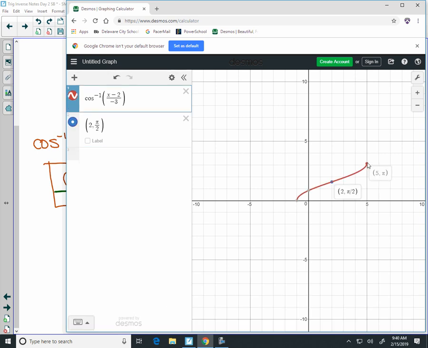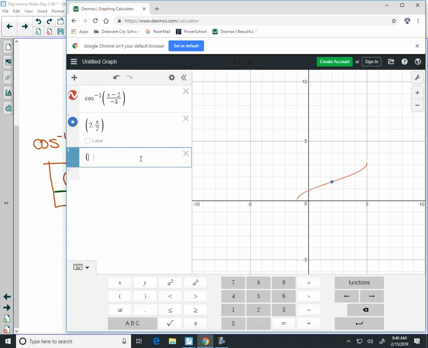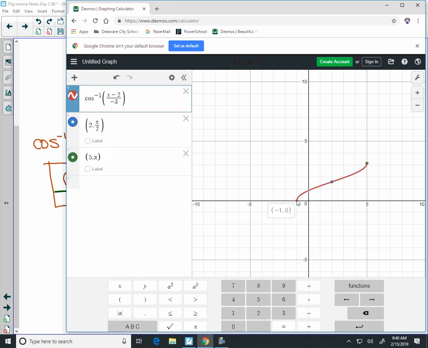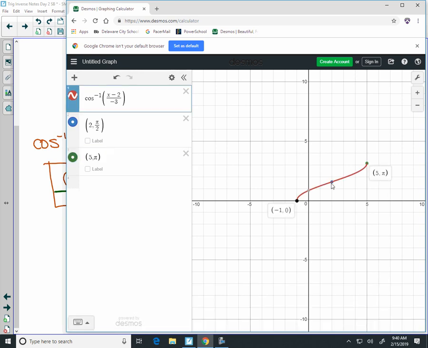I should just put these graphs on your paper for you so you don't have to. Let's see, that was what, 5 pi? So that's that graph. You don't have to graph it again.